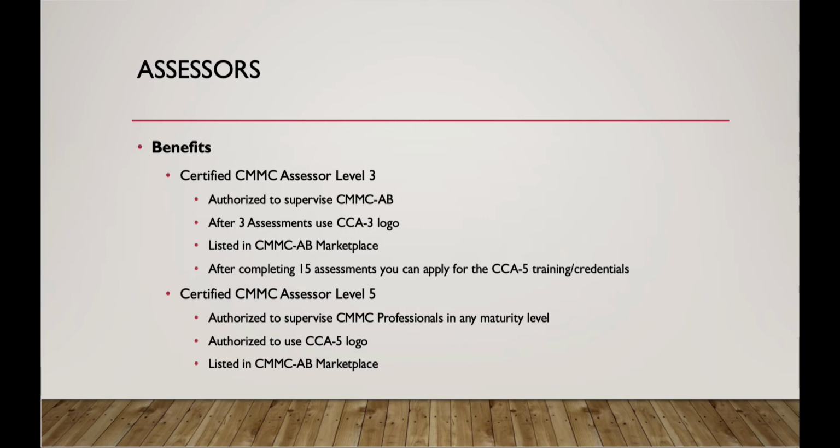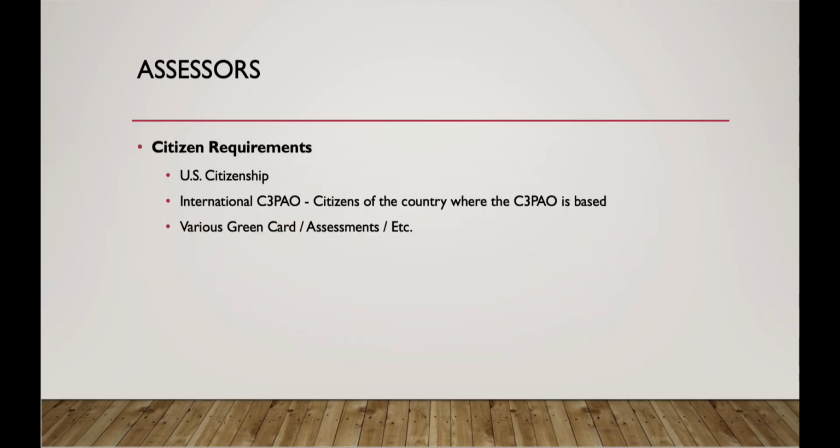But you have to have so many assessments to be able to get into training. Once you become level 3 and you want to go to level 5, before you go to level 5, you have to have 15 assessments under your belt. So they just have a graduated process by which you get more assessments, which makes you more educated and more trained to do those assessments. Citizen requirements, again: you have to be a U.S. citizen.